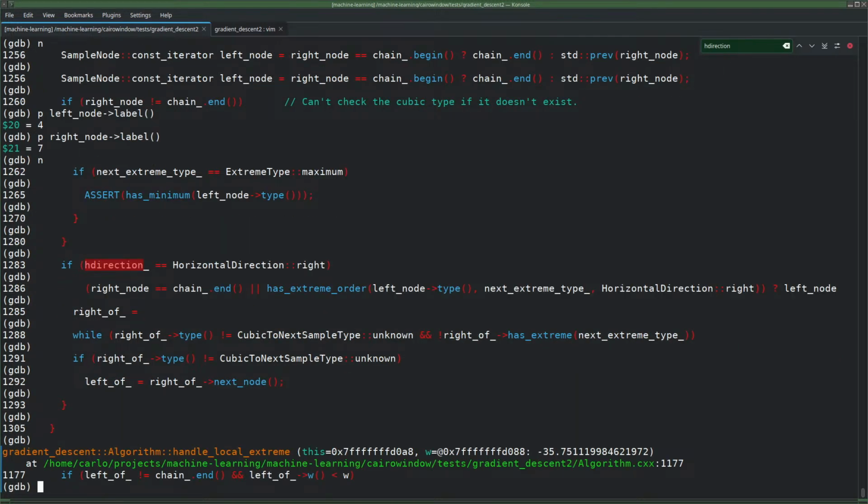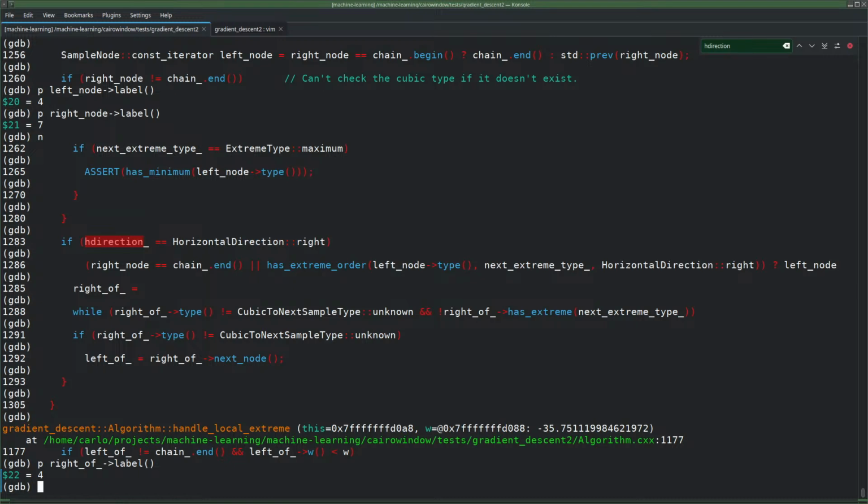Yep. Okay, so left off is set to... I want to see right off first. So right off should be 3, 4. That's definitely bullshit.